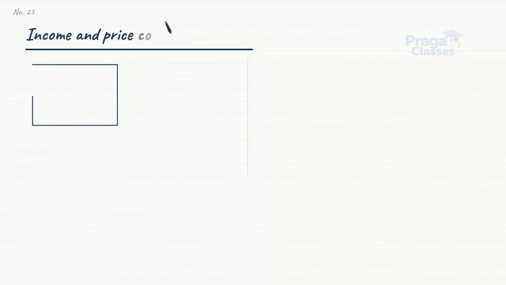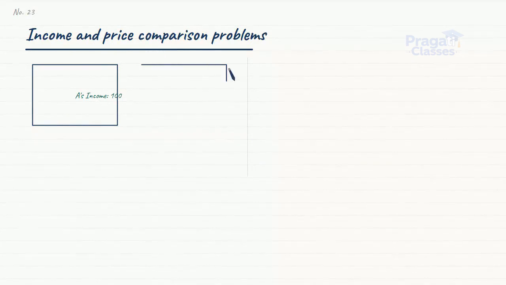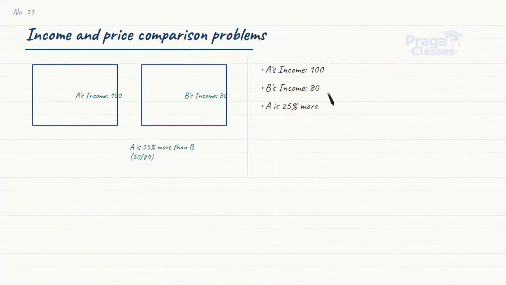That restoration idea hinged on which number we used as the base, and that same careful choice of base matters when we compare two people's incomes. Let me sketch this out. Say A earns 100 and B earns 80. If someone says A earns 25% more than B, they're using B's income of 80 as the base.